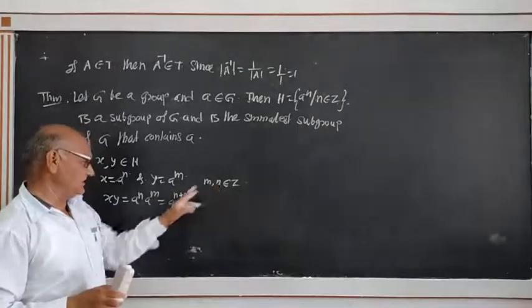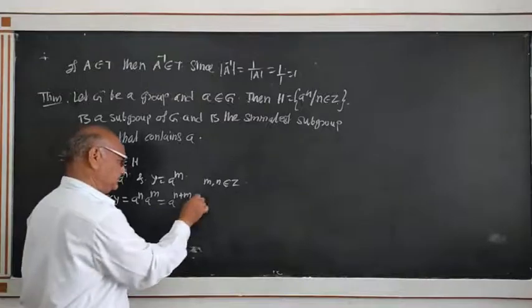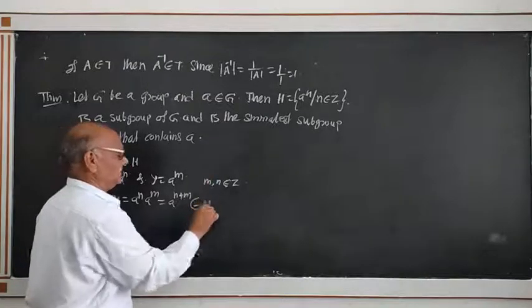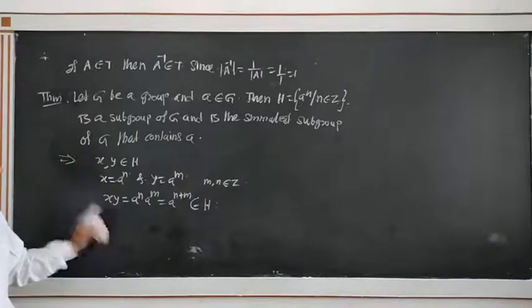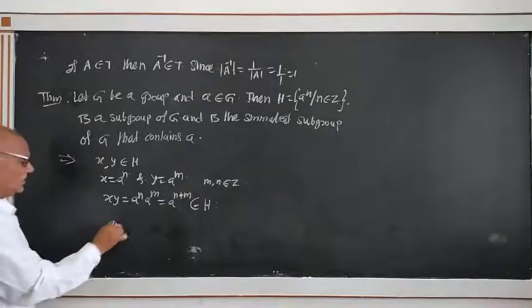Since m and n are integers, n plus m is also an integer, and this belongs to H. That means the closure property is satisfied.